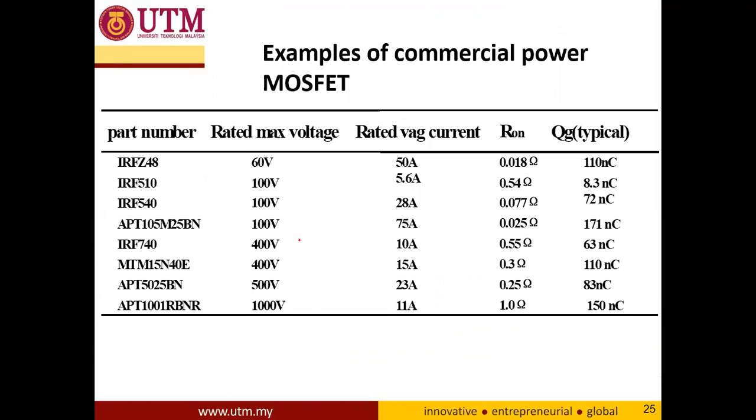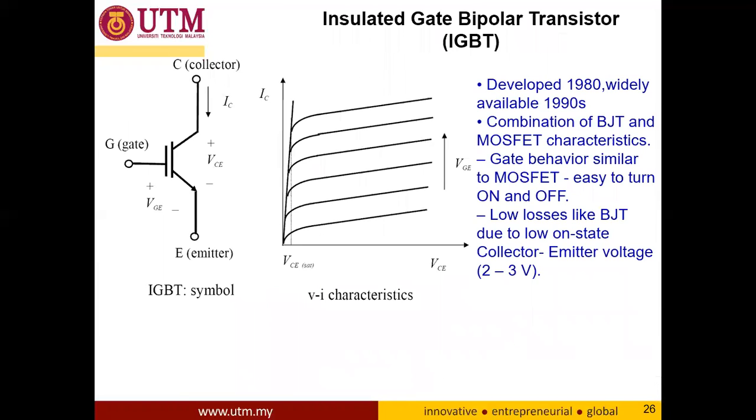Okay, and this is the example of a commercial power MOSFET. And the third one is the IGBT. So the IGBT is actually the combination of MOSFET and BJT. We can say that it is the son of the MOSFET and BJT.